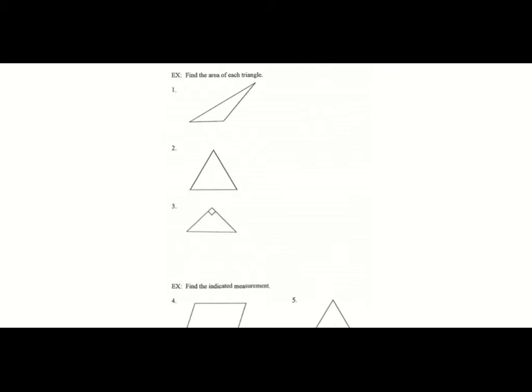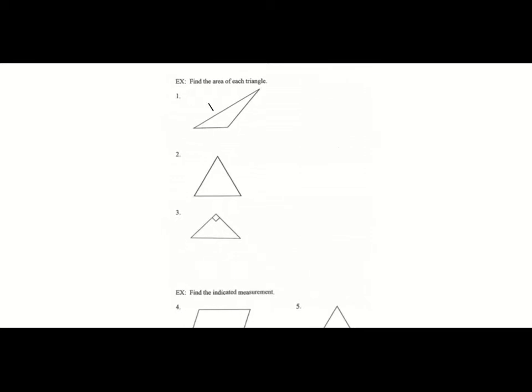So the last page here, we're going to go through a few examples. It says find the area of each triangle. If this is our given information, this is 15, this is 6, and our dotted line here is 12 centimeters.